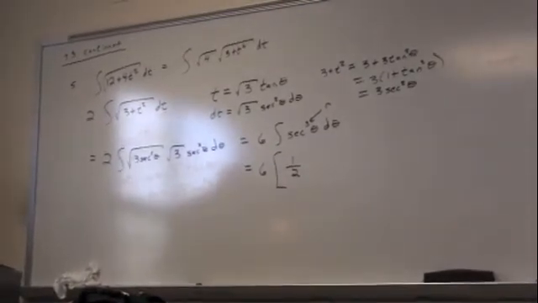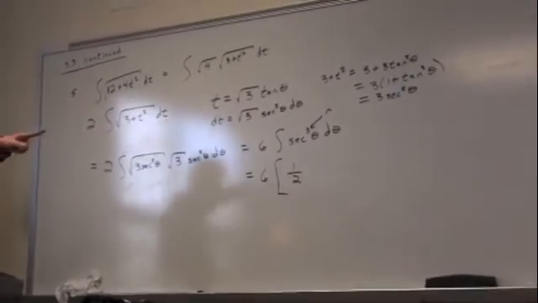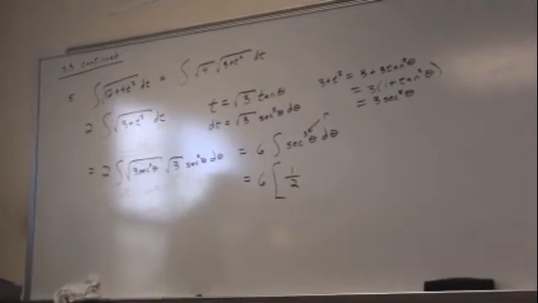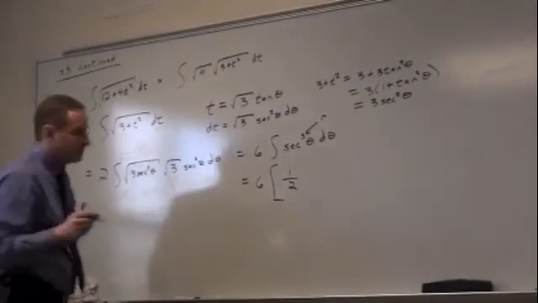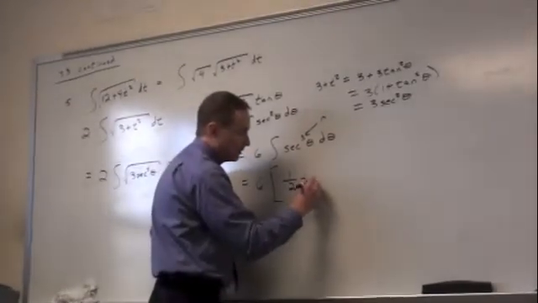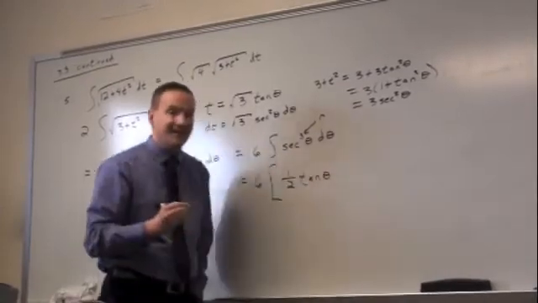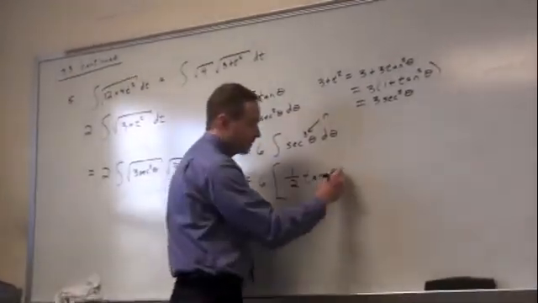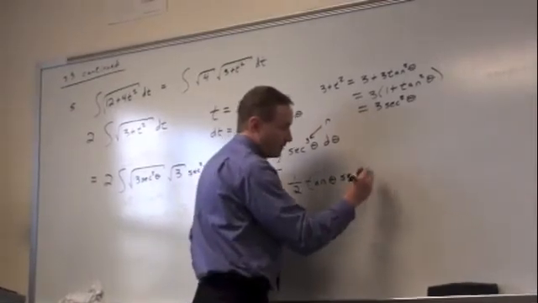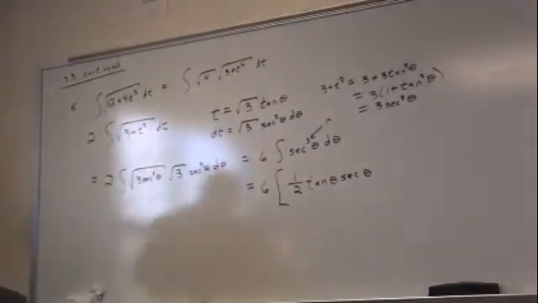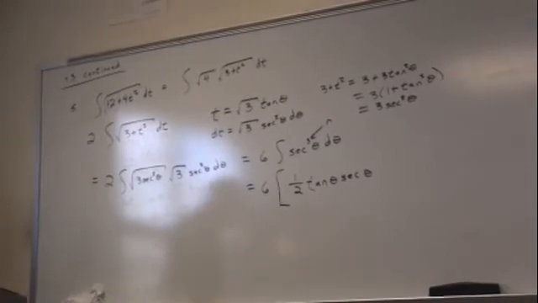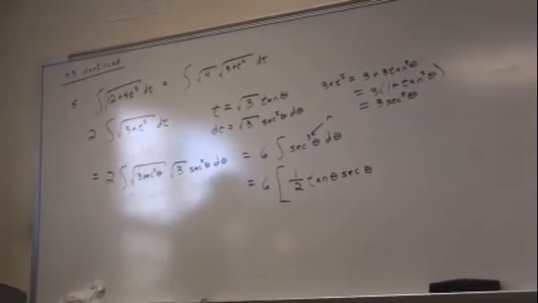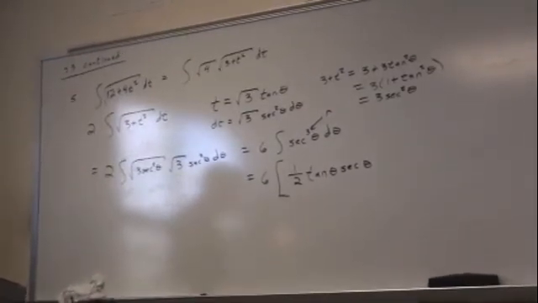And then tangent u, which in this case my angle is theta. So tangent theta times secant to the n minus 2. 3 minus 2 means secant theta to the first. And then further following the formula, plus n minus 2 over n minus 1, that's 3 minus 2 over 3 minus 1. That's going to be 1 over 2.